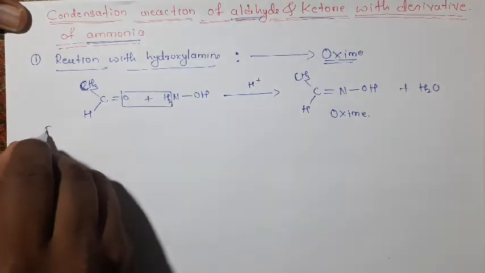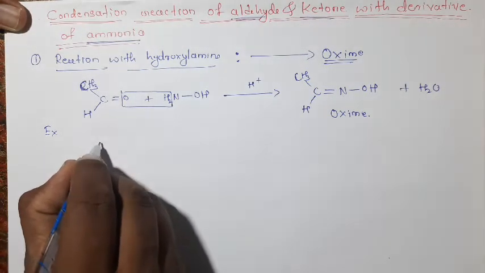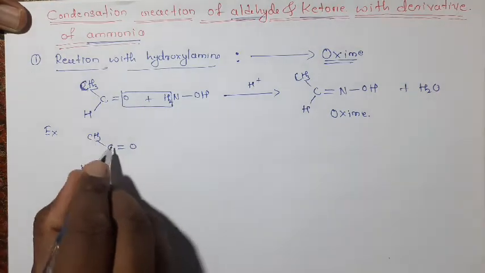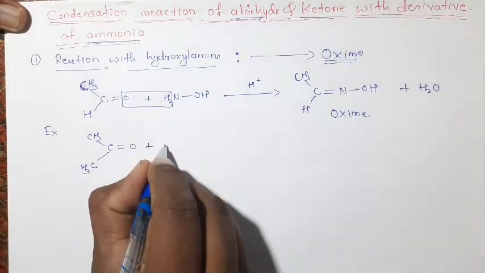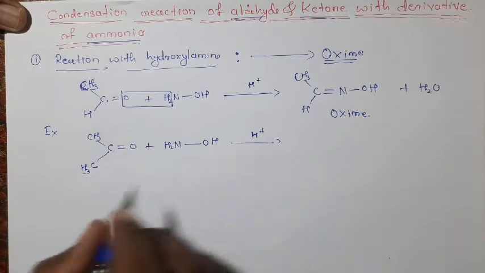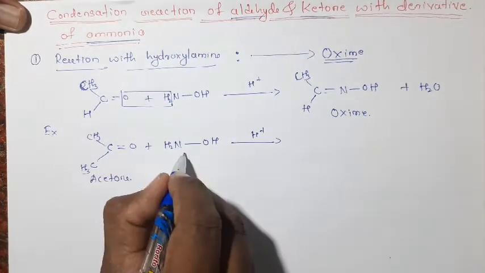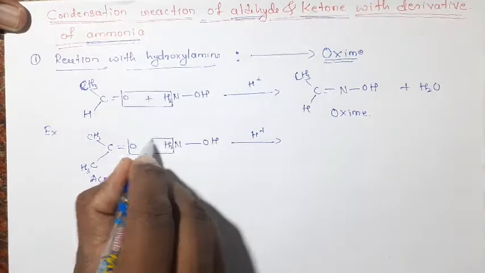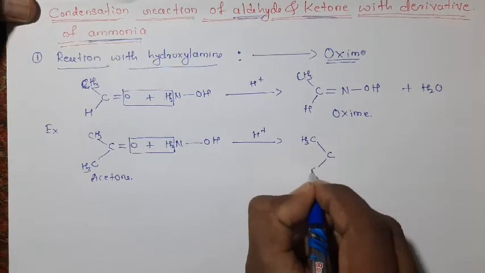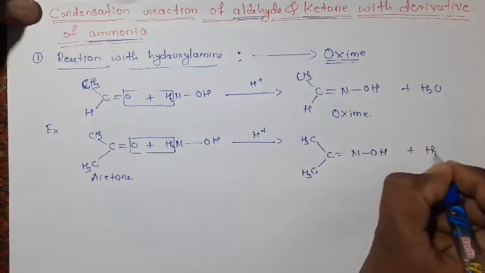If we take the example of a ketone, acetone, CH3 C double bond O CH3, and react it with hydroxylamine in the presence of acid, the water molecule is eliminated as a byproduct, and it becomes CH3 C double bond N OH CH3, plus H2O.